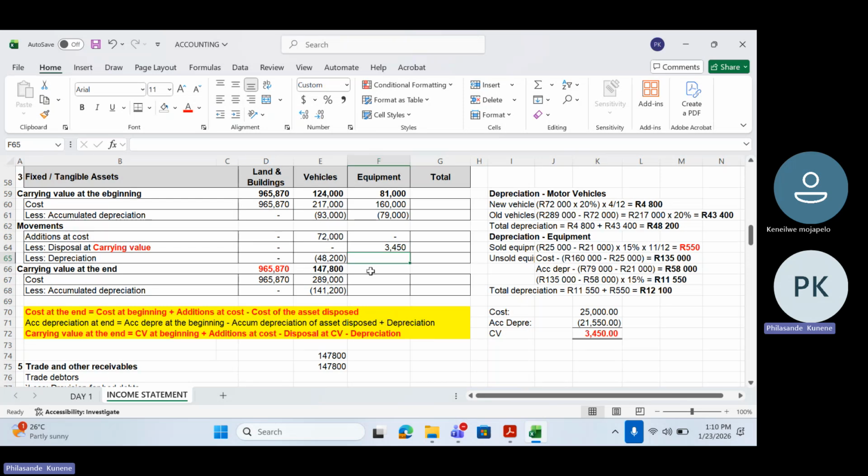Less depreciation. How much is the total depreciation of the equipment? 12,100. 12,100 exactly. We did calculate it now. Okay. So now can I get the cost at the end? How much can you give me as the cost at the end?